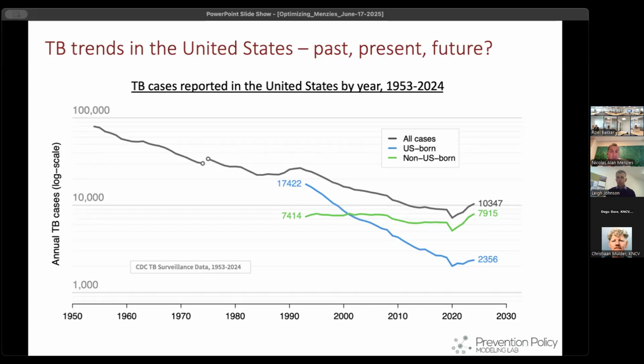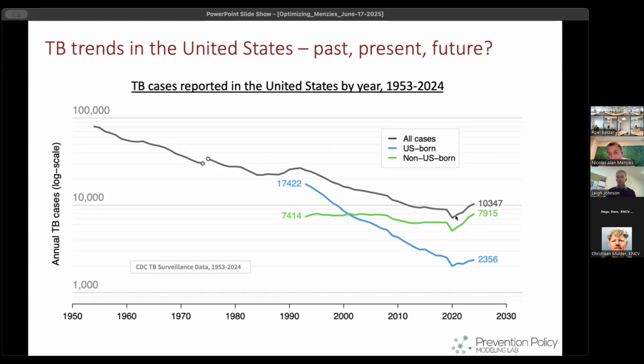Just to highlight the things that break this trend, we've got a period in the 1990s which coincided with both the HIV epidemic in the United States as well as a weakening of TB control efforts. They came together to cause a 5 to 10 year period of increased TB rates in the United States.